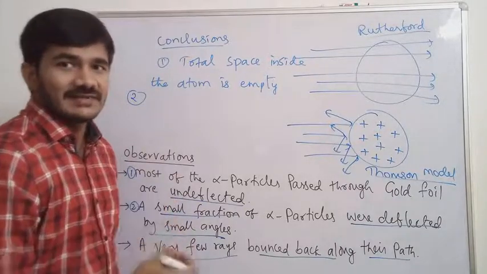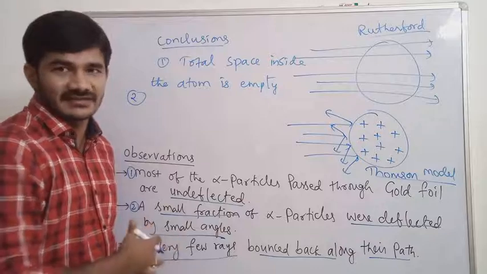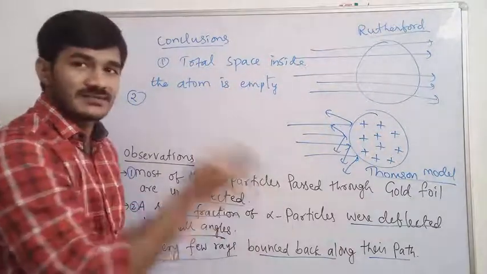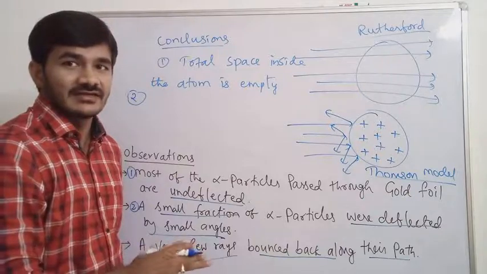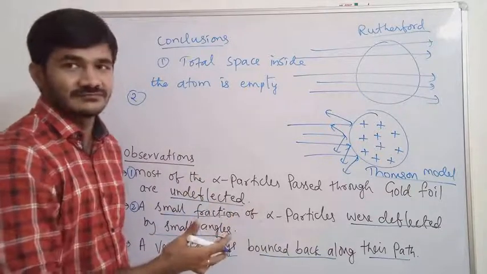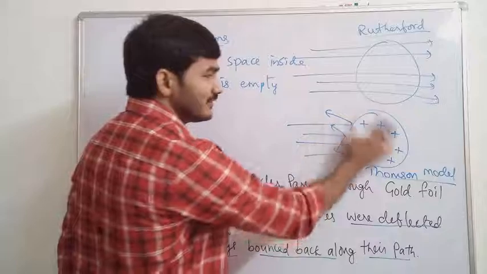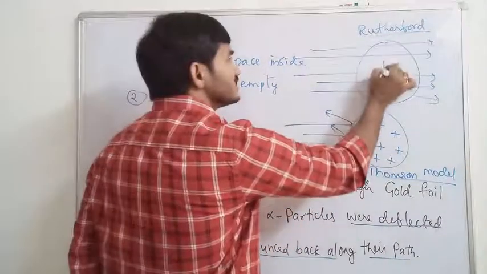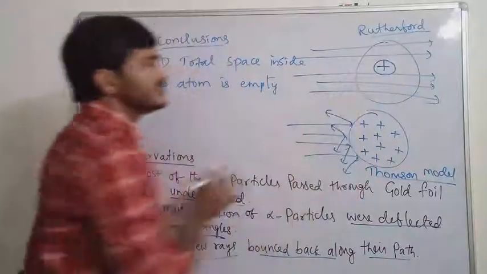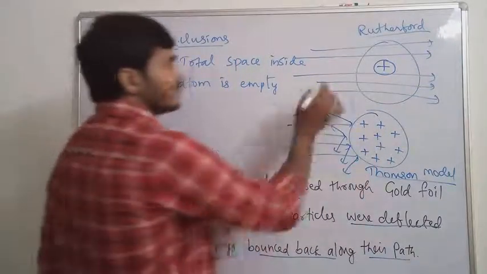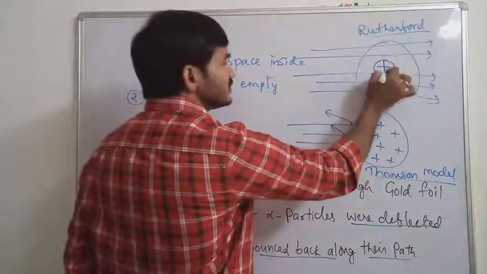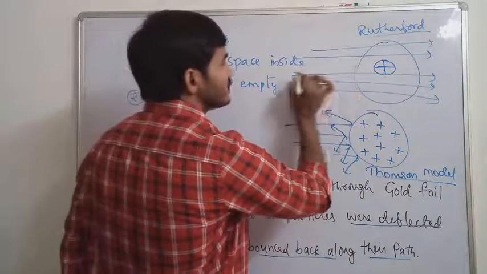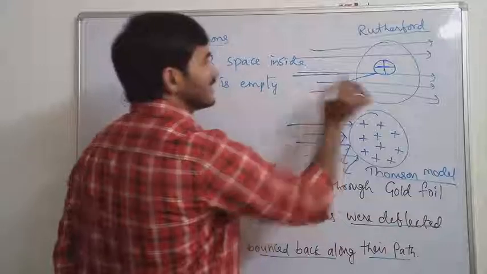There are certain particles, a few particles, that are deflecting. If particles are deflecting, it means positive charge must be there, but not like Thomson said. Positive charge is not uniformly distributed like Thomson said, but is distributed in a very small region. When positive charge is located in only a small region, whenever rays touch here, they should deviate with certain angles.